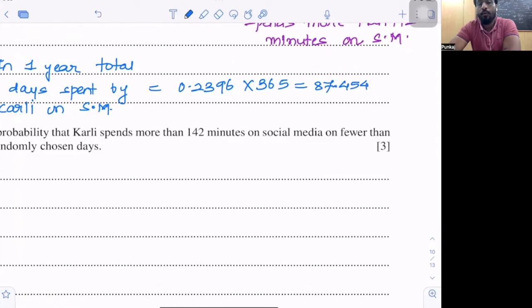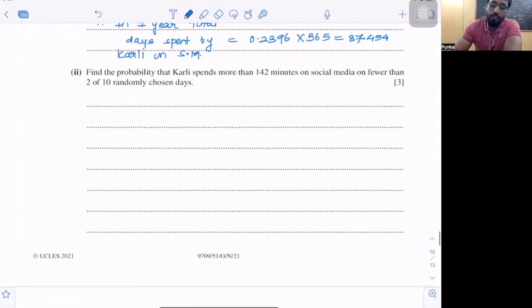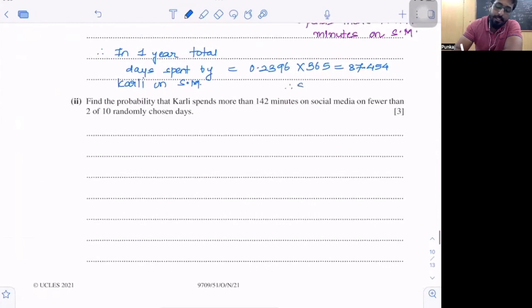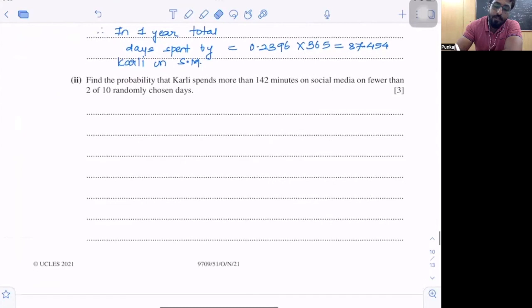So 87.45, you can maybe take it as 87.5 for 88 days as well. So the complete days is 87. So therefore I can say 87 days. Okay. So I'll write over here, it's 87 days.